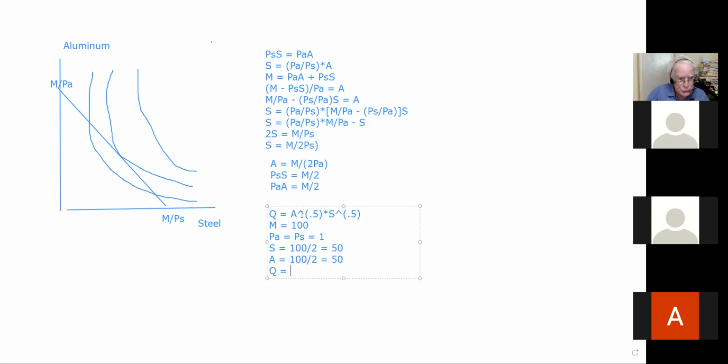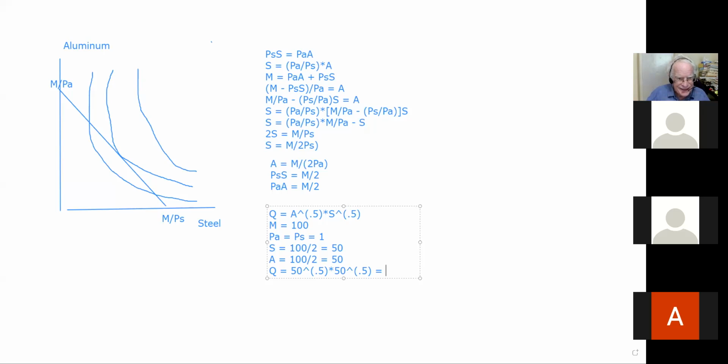Using our production function, A is 50 to the power of 0.5, and S is 50, again to the power of 0.5.